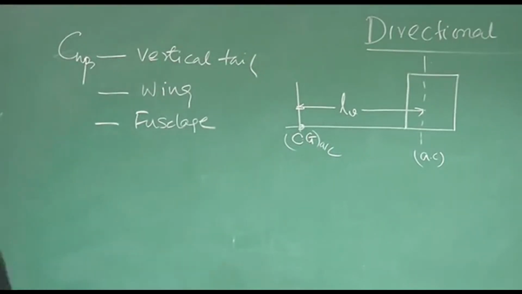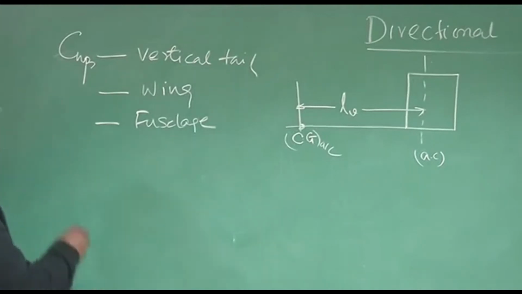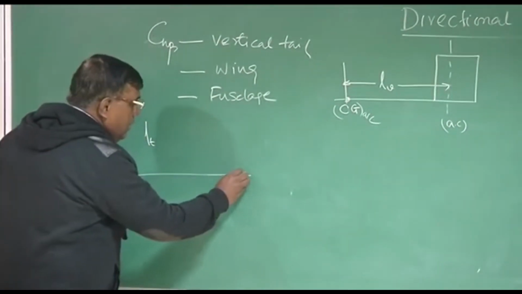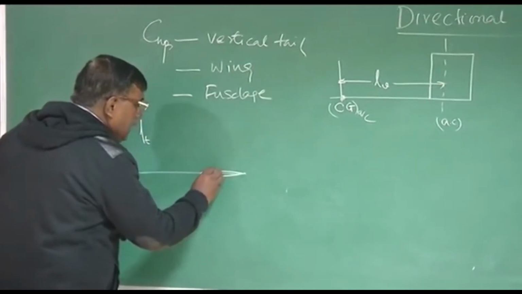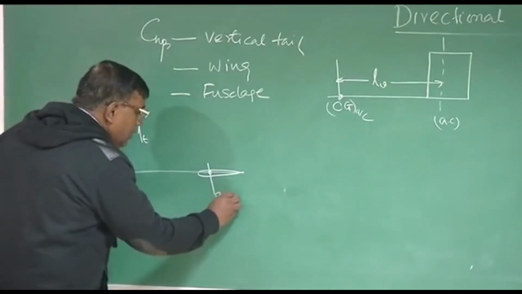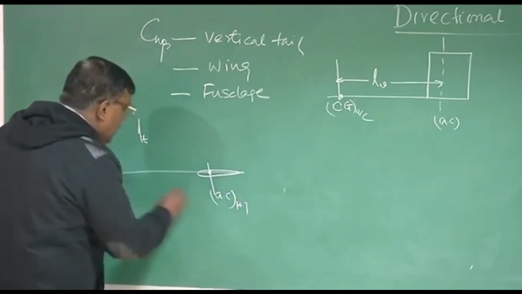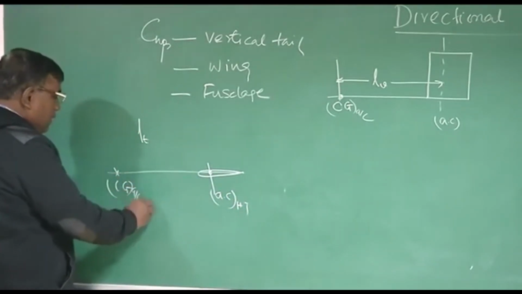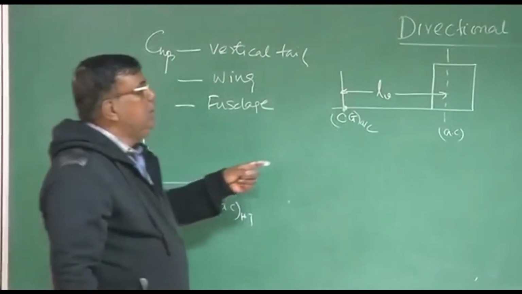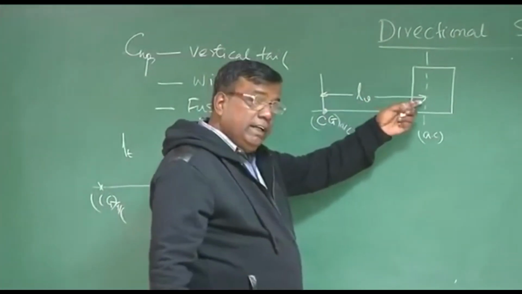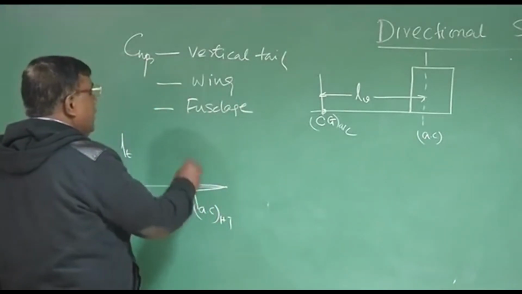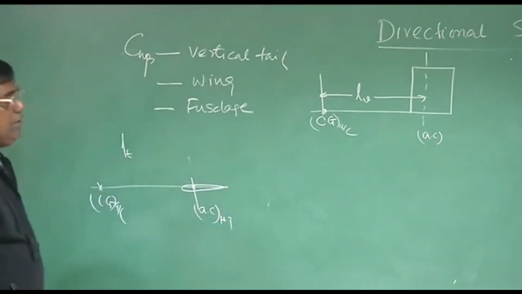For longitudinal case, if you recall, we used some term called LT, and what was LT? LT was distance between AC of the horizontal tail and CG of the aircraft. But now I am using a different nomenclature LV for vertical tail, because it is not necessary that horizontal tail AC and vertical tail AC will be at same point.